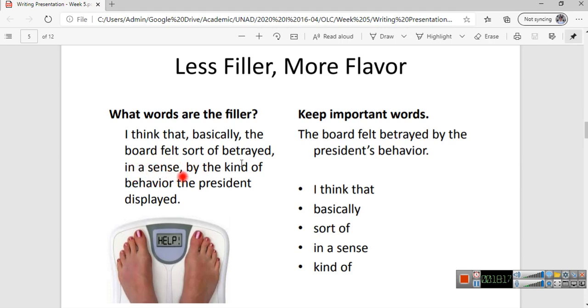Well, let's go ahead and keep on reading. By the kind of behavior the president displayed. Well, we have the kind of behavior the president displayed. I know this is important. However, I have in a sense and kind of. I don't need to use kind of or in a sense because that doesn't have enough information for me.